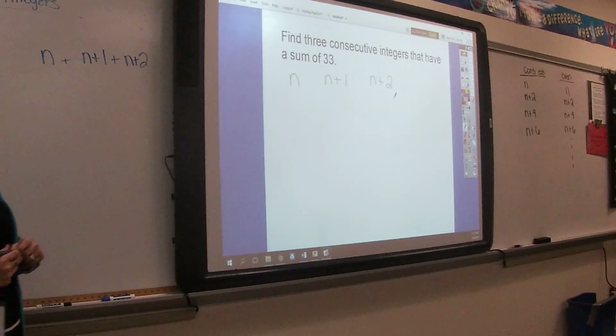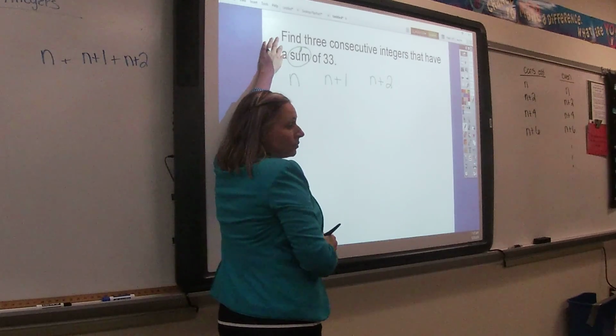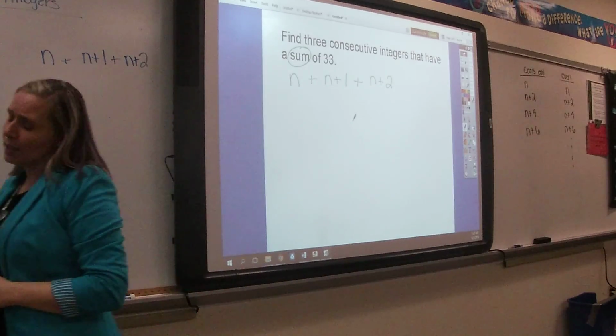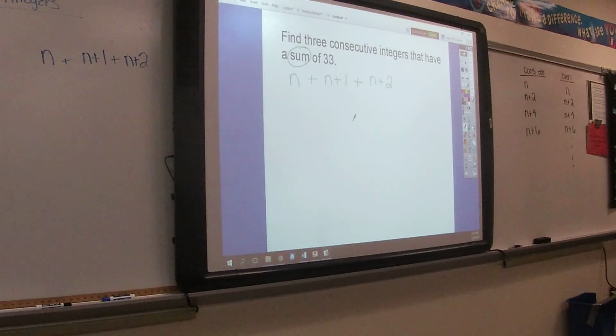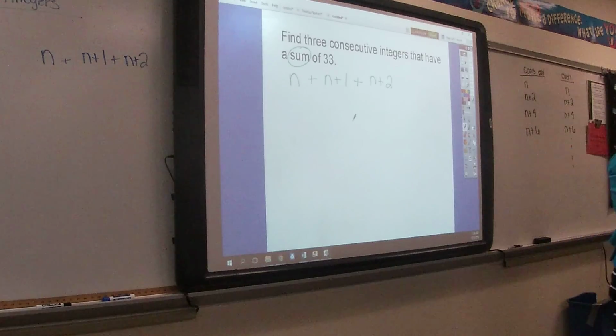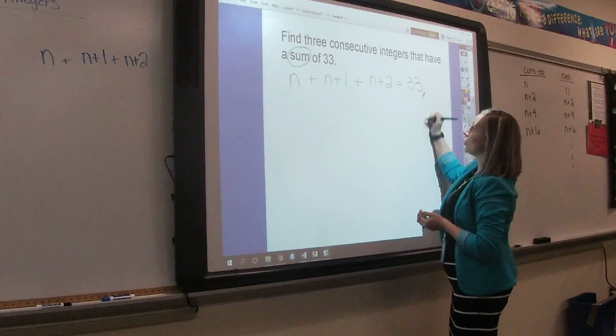And I want to take the sum of them. So what is sum asking me to do? Add. Now, what does sum really mean? The answer to addition. So they have a sum of 33. So it says the answer to the addition should be what? The answer is 33.